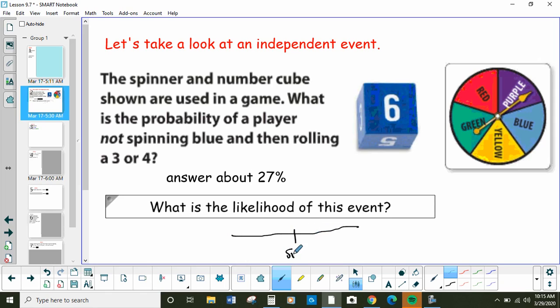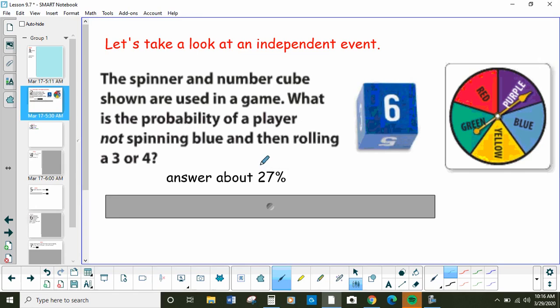Anything after 50%, but before 100% is likely, right? 0 is impossible, but anything between 0 and 50 is unlikely. And I apologize for writing sloppily. It's tough to write on this pad, okay? So 27% is unlikely. It's unlikely that these two things would happen.